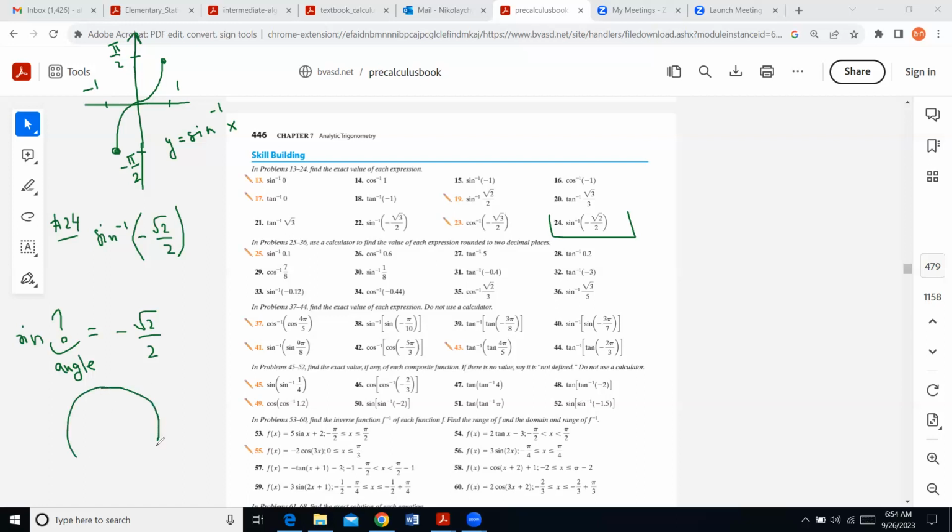So to recall, square root 2 over 2 deals with 45 degrees, which we actually call pi over 4, and the negative square root 2 over 2, since we're dealing with the function sine, which means we're dealing with the y coordinate of a point on the half of a unit circle.